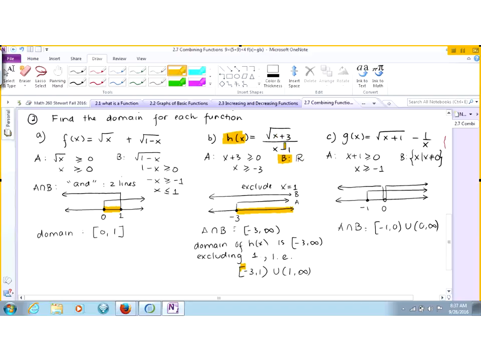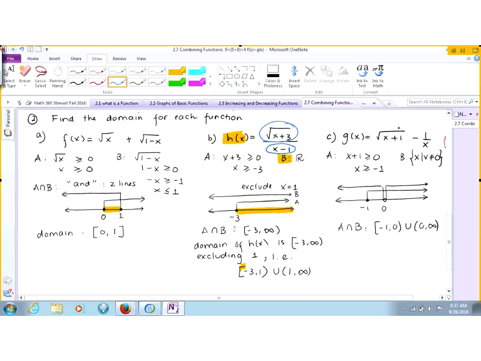Because this is a quotient. So you're thinking about this as a function and this as another function, right? And then you have to find the domain of the first function and the domain of the second function, okay? And then you have to exclude where the bottom is equal to 0, right?